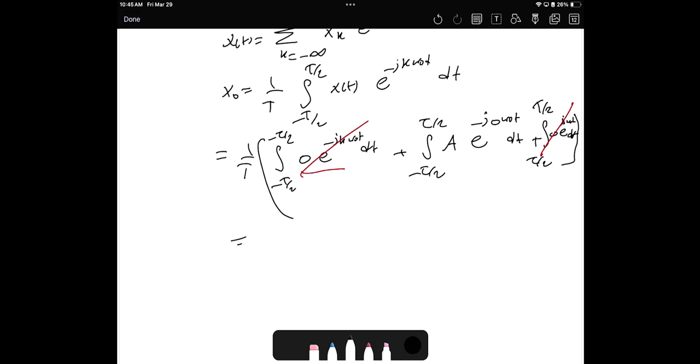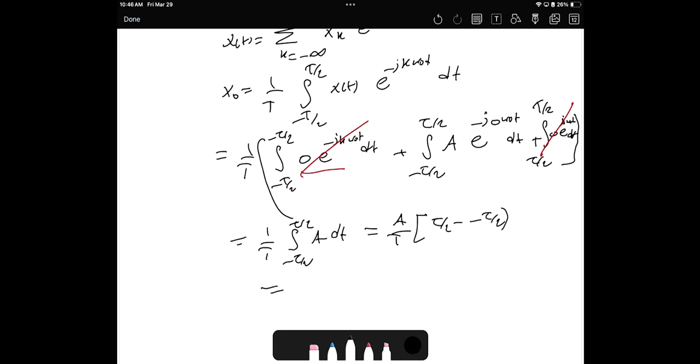the remaining elements are 1 over T, the integral from negative tau over 2 until tau over 2, and e power 0 will be 1. So it will be 1 dt, which will make it A over T, then tau over 2 minus negative tau over 2, which will make it tau.